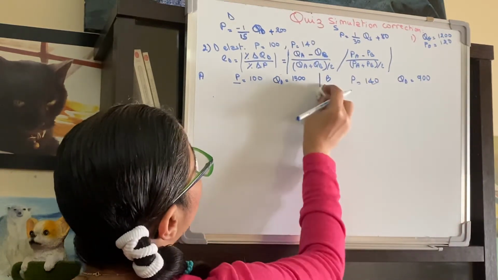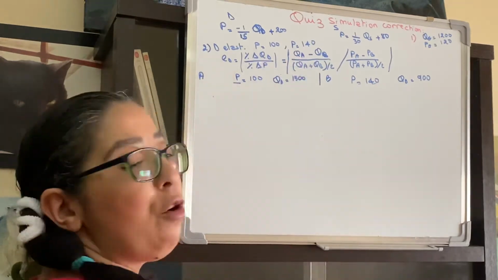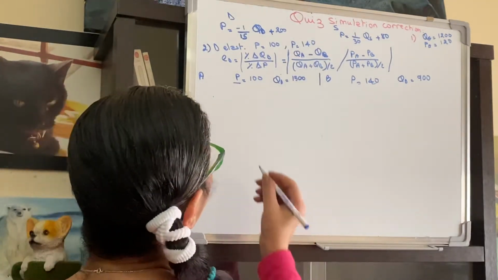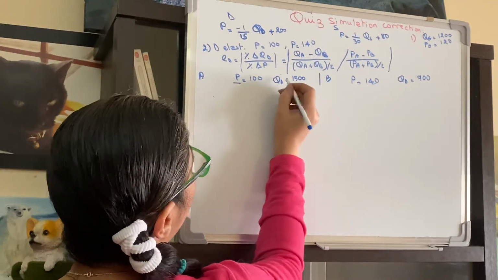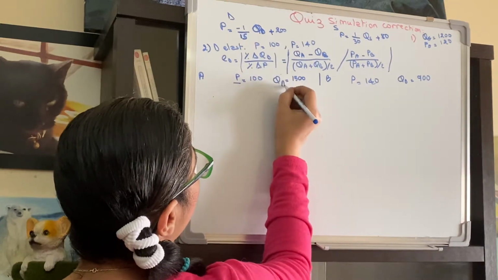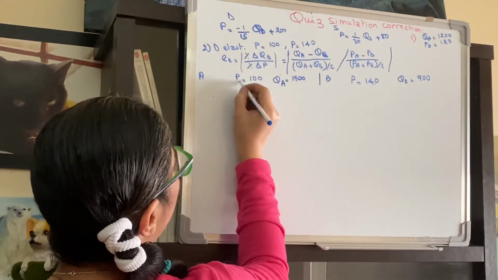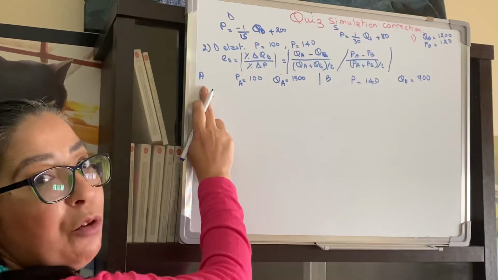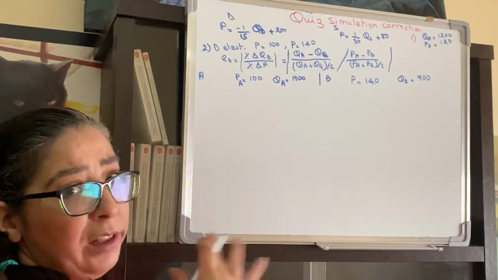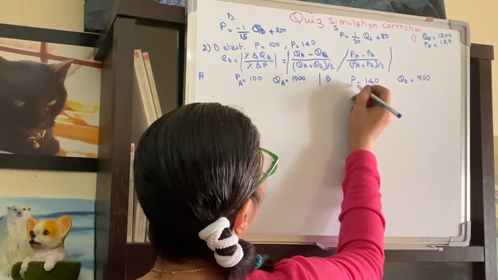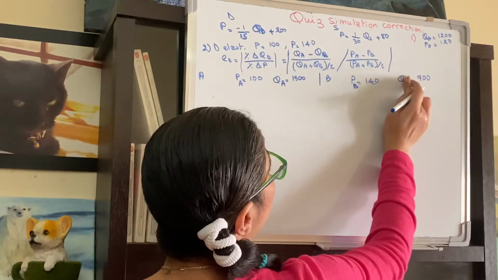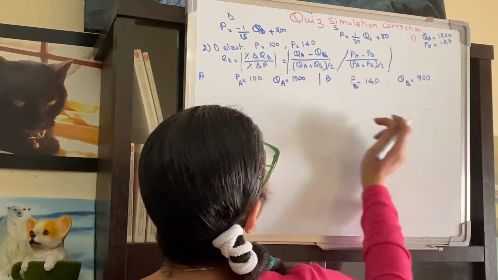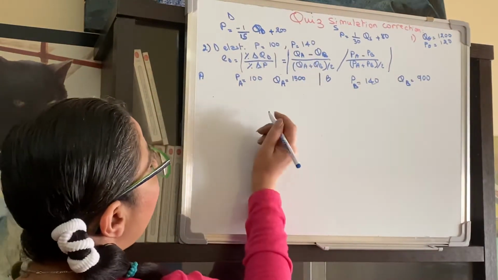So now I'm simply going to apply the formula. So I call this one QA and I call this one PA. I just gave you point A here. You can call them whatever you want. This one I'm going to call PB and this one QB, and I'm going to apply my formula here.